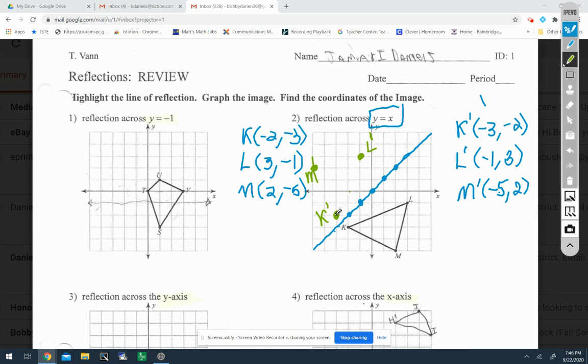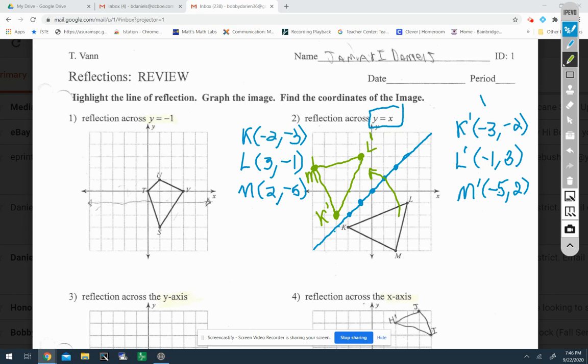Now if you draw your line, you see the transformation. We just move this figure across that line, and that's what the reflection across y equals x is all about.